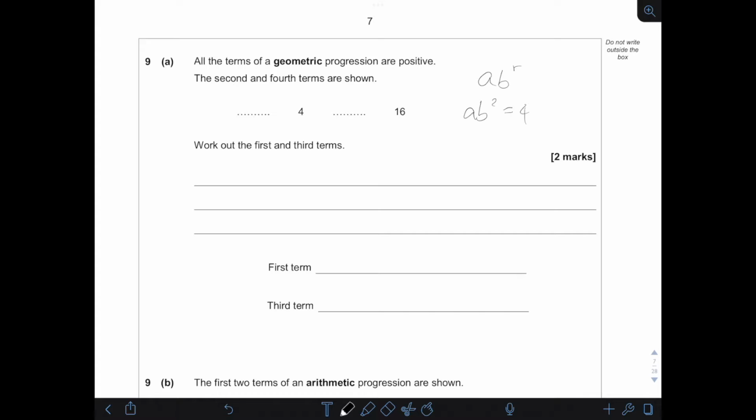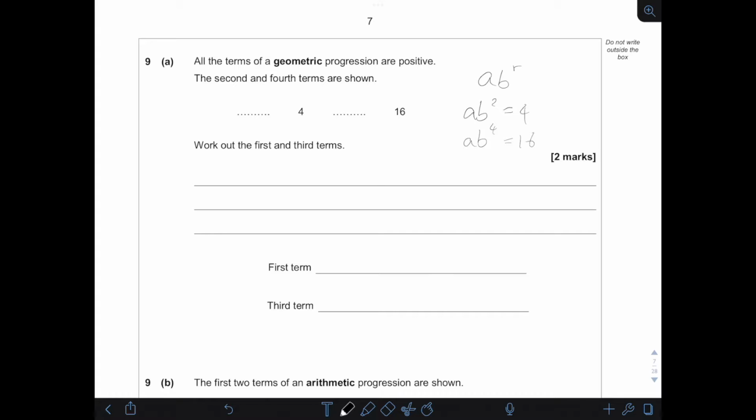And we know that a b to the 4 equals 16. So we need to work out the first and third terms, and this is a relatively, I suppose, simple progression.